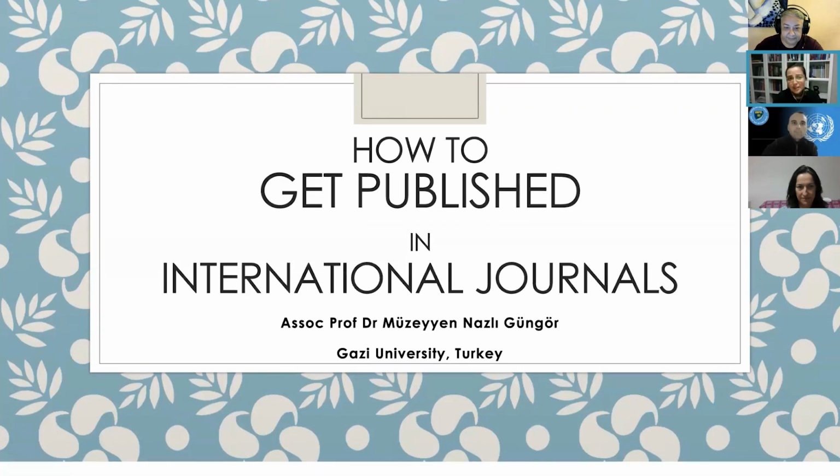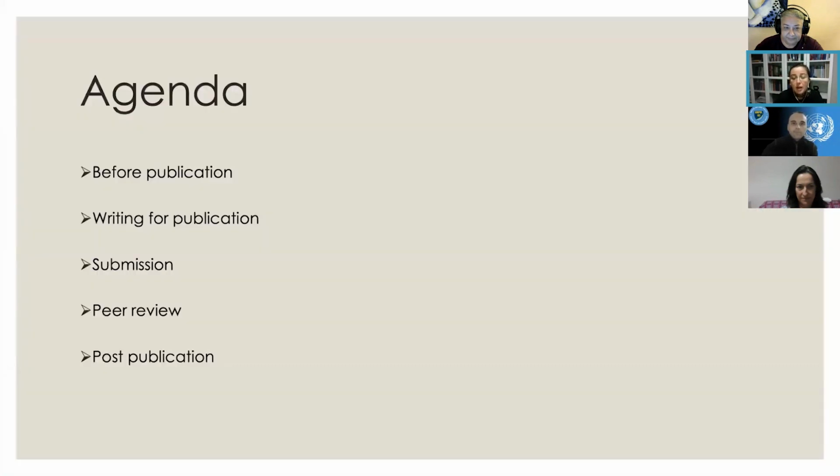So today's agenda is about what we should do before the publication process, what kind of things we should consider for writing for publication, how we should submit, what is the value of peer review, and what happens after we are accepted. I mean, I will refer to the post-publication process.